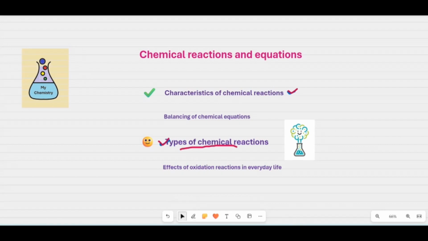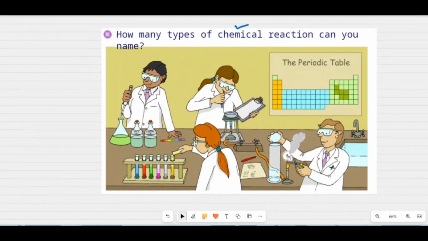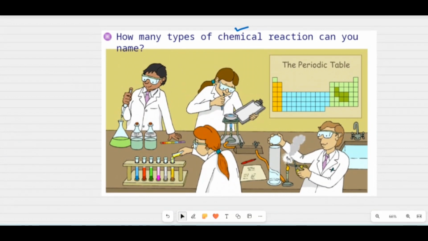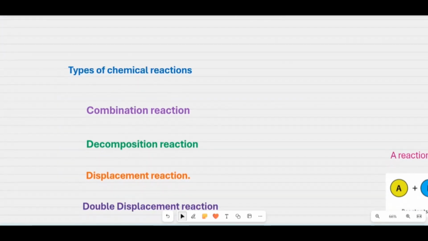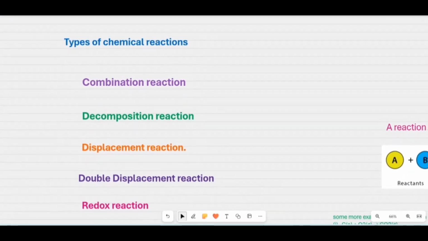Now, how many types of chemical reaction can you name? You have seen many chemical reactions in your chemistry lab or in your textbook. So basically we have 5 main types of chemical reactions.